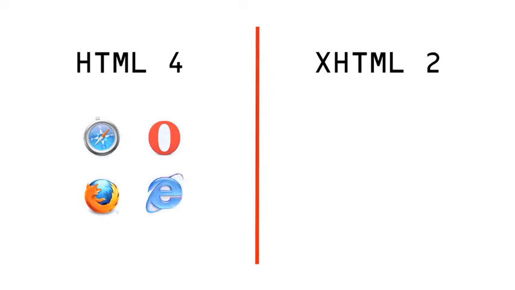And what really made this interesting was that on the side that wanted to iterate on HTML4, you had every single browser representative there in unison agreeing that that was the right path to take.